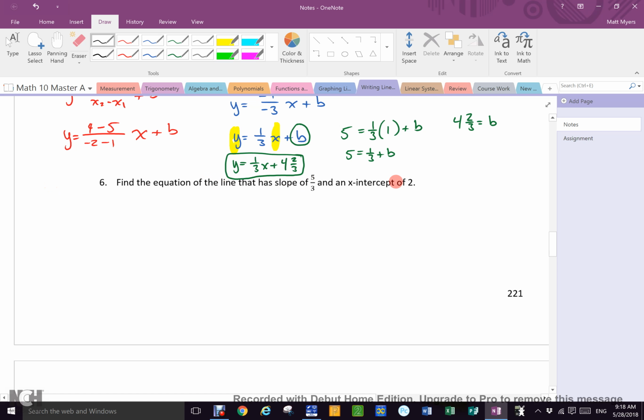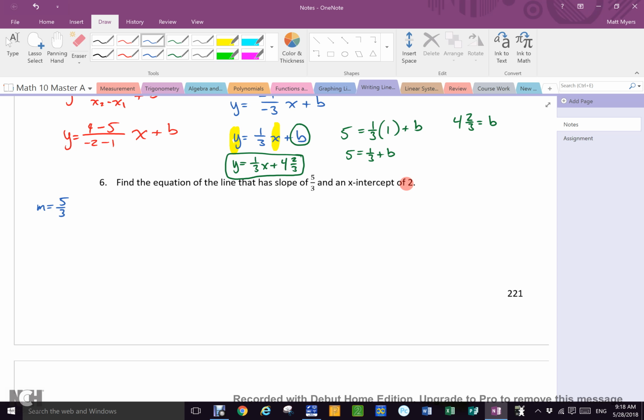What do I know from this question? I know the slope. What is it? 5/3. Excellent. What else do I know from the question? The x-intercept. Can I use y equals mx plus b with that number? No. Why not, William? Or were you just guessing?